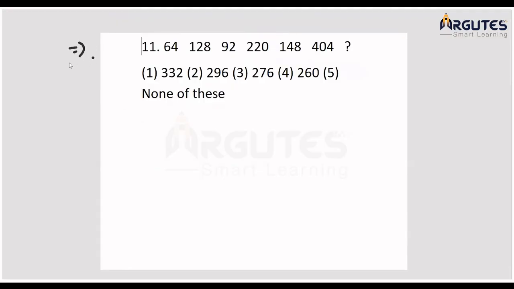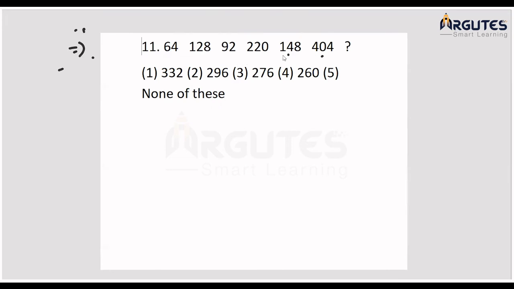Now how the question comes in this type of two series. So here it is written 64, 128, 92, 220, 148, 404. Now you must be tempted to look at the numbers 404 and 148. You can say it's nearabout 2.5 times. Now as you look behind, it will be 220 and 148.